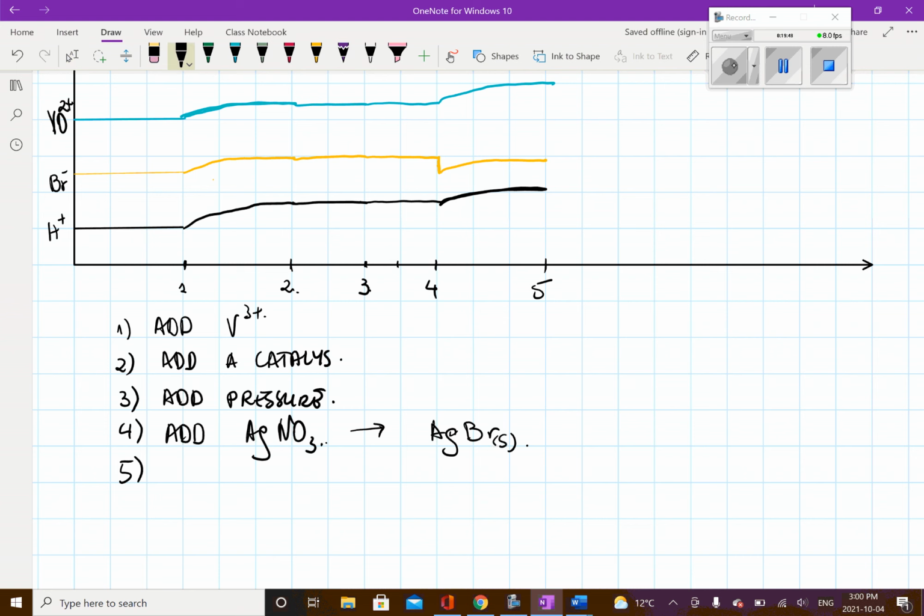And now what we do is we add sodium bromide, and as we said, when we add sodium bromide, then we have two ions, including bromide.